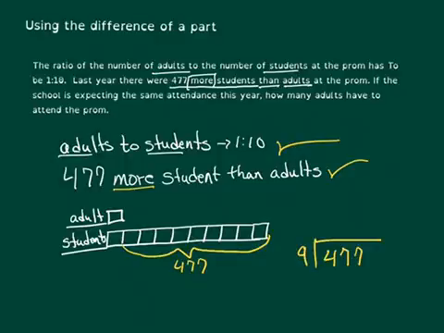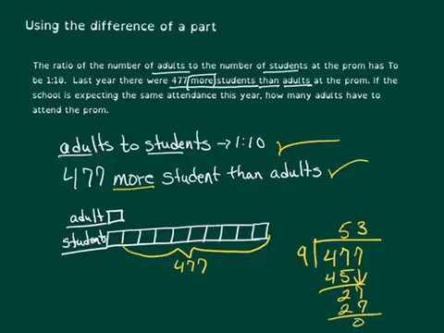So 9 goes into 47 5 times. It's going to be 45. Subtract, 2. And then 9 goes into 27 3 times. 27, no remainders.